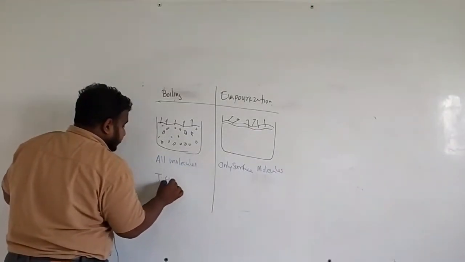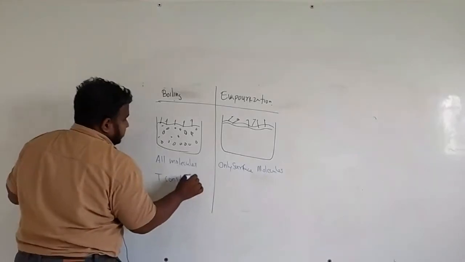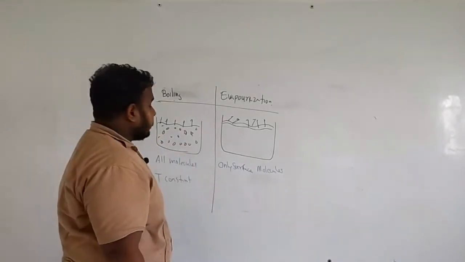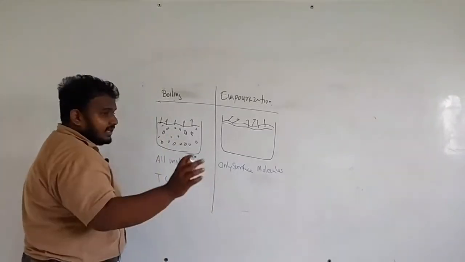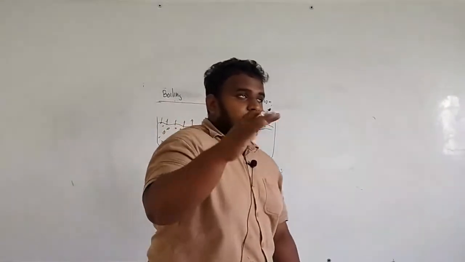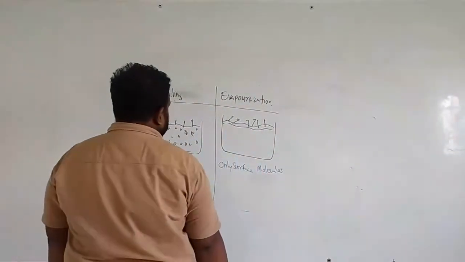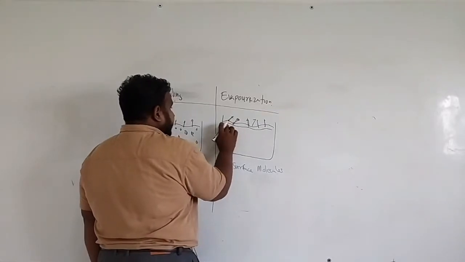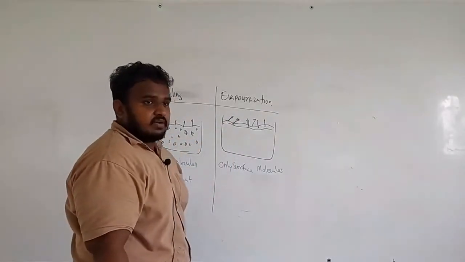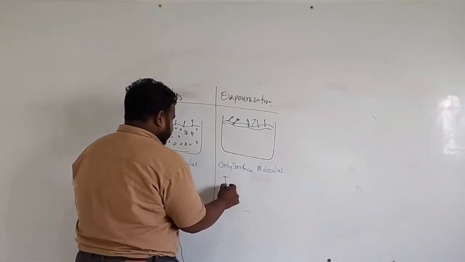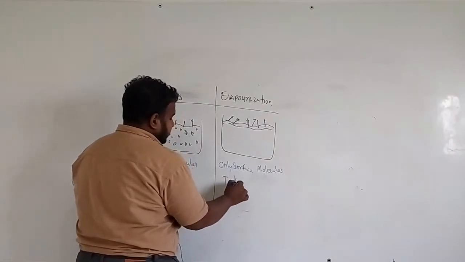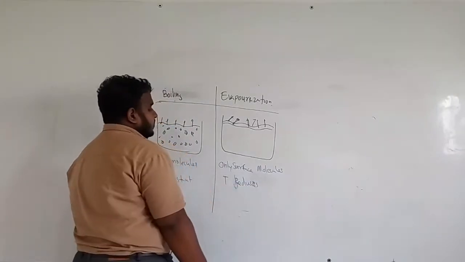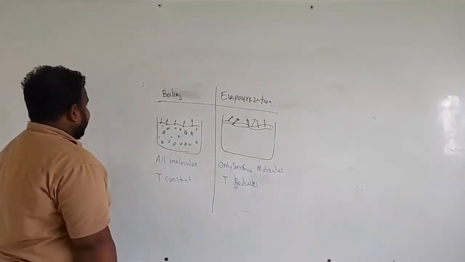So the temperature will be constant here. At boiling point, for example, if it is water, it will be constant at 100 degrees Celsius until the entire boiling completes. But in vaporization, whenever the water vapor goes out, there will be a decrease in temperature of the molecules. So temperature reduces while vaporization.